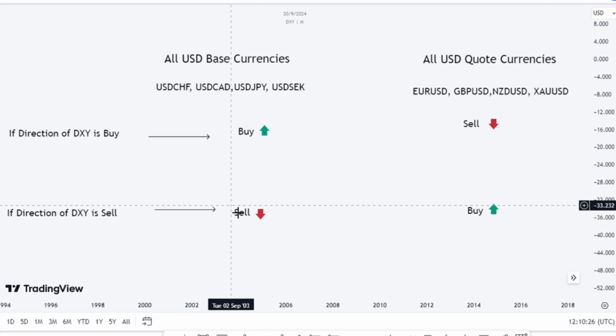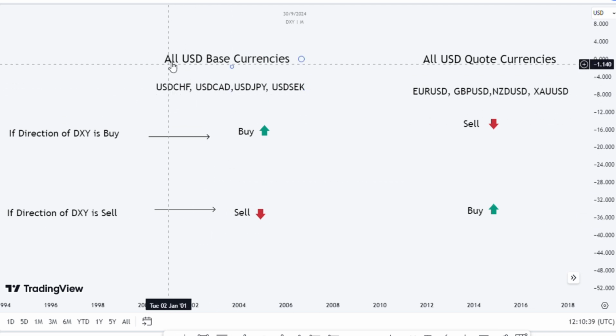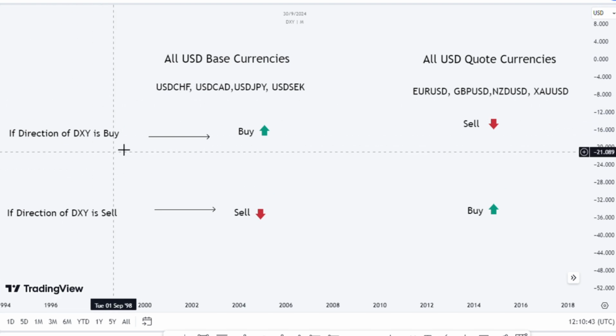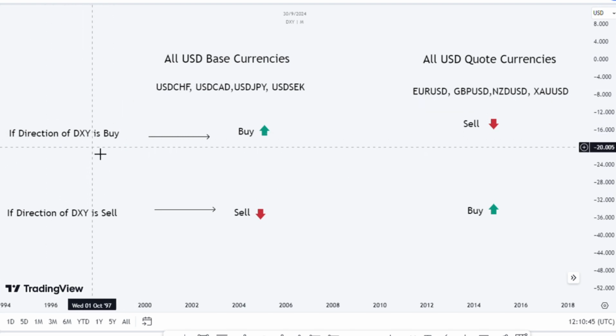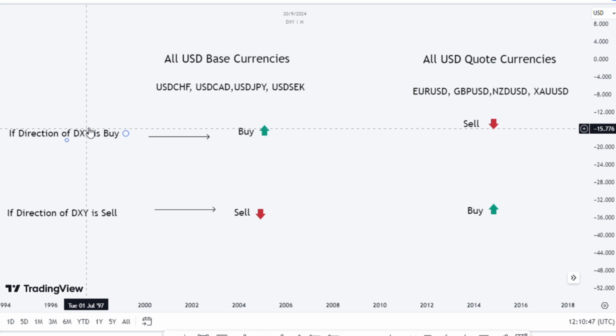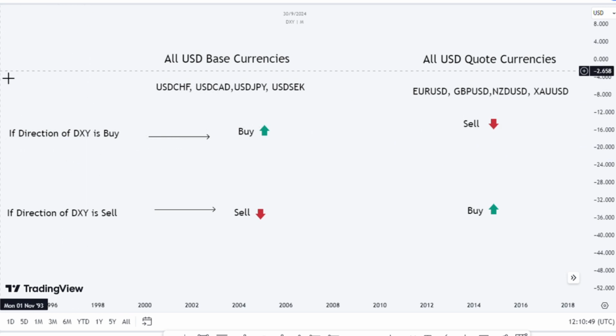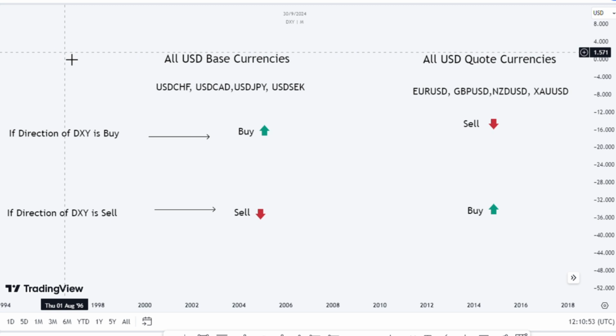So if the DXY is selling, it means that all USD based currencies like USD CHF, USD CAD, USD JPY are going to sell. It's just following the footprint of the base currency, which is the USD, because the DXY becomes a very strong basket of the USD. So whatever the USD basket is doing, USD based currencies will do the same.